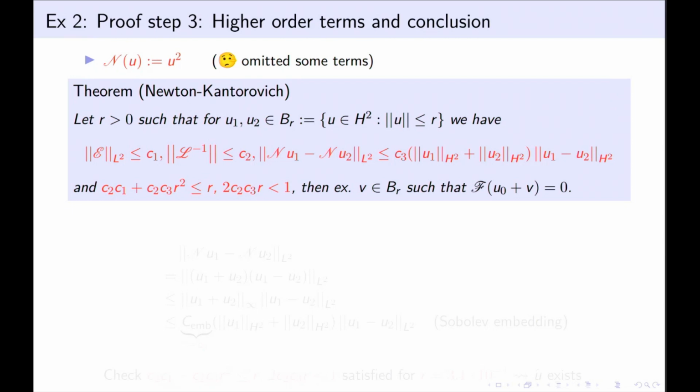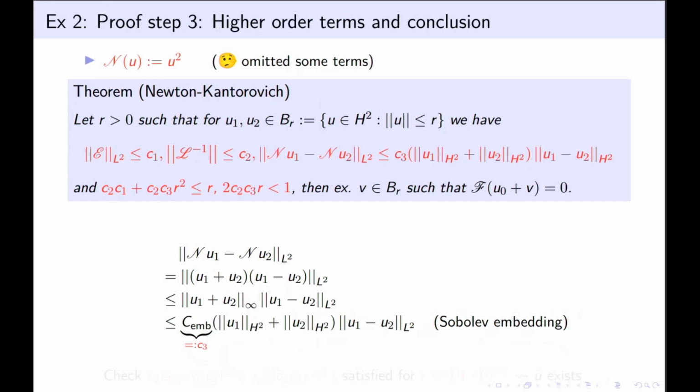And I'll make this, literally this estimate, appear in front of your eyes for you right now. So I start with the thing on the left-hand side here. And because we pretended it's u squared, I can use the third binomial formula. u1 squared minus u2 squared is what's written here: u1 plus u2 times u1 minus u2.